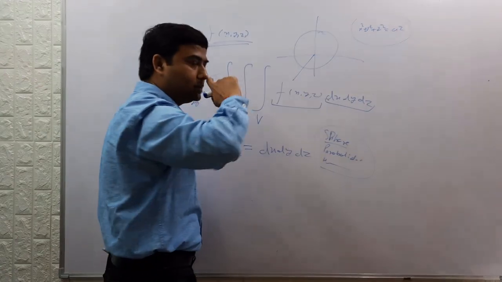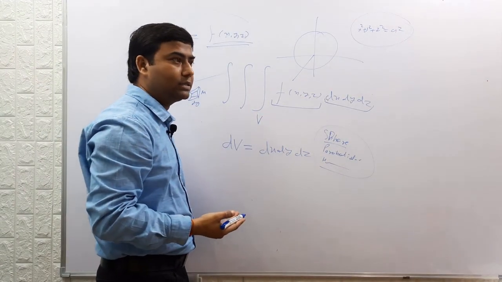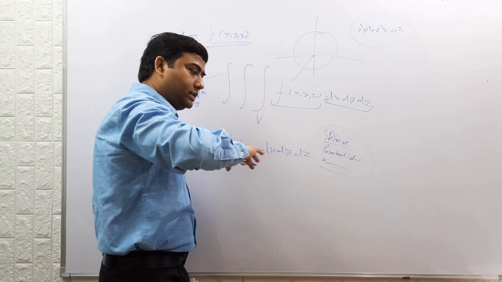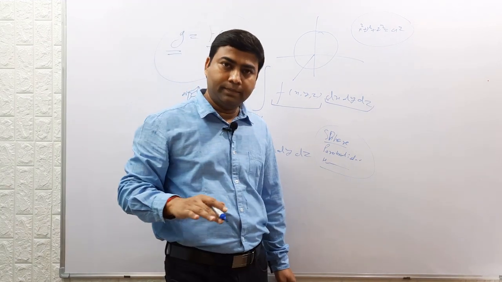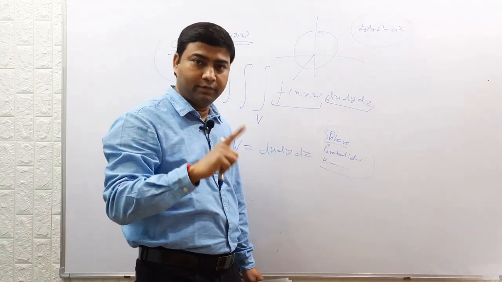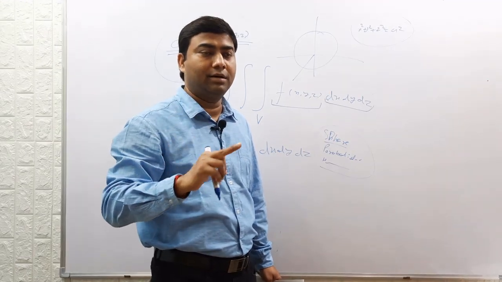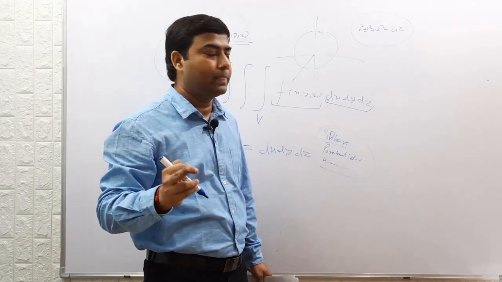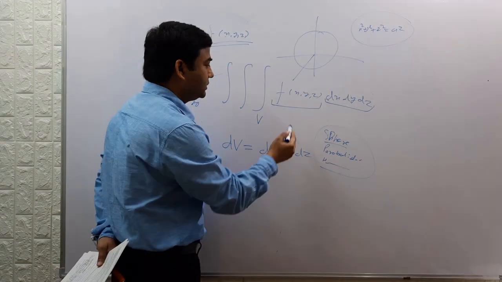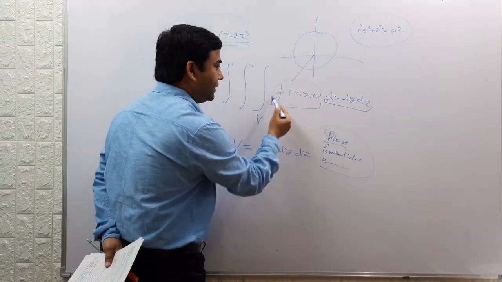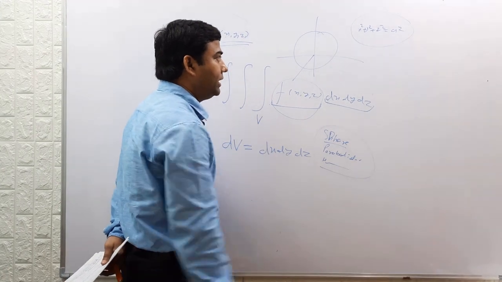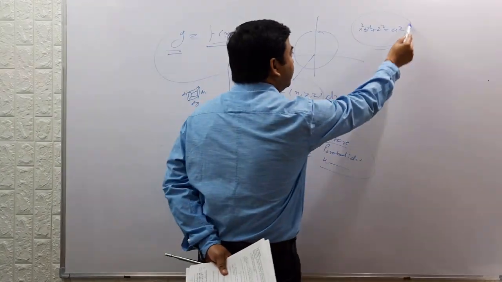In double integration there were two things: the function itself, and the equation of the region. Similarly here you have two things: the function f(x, y, z), and the equation of the volume.